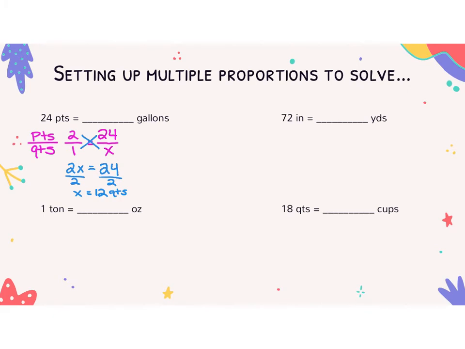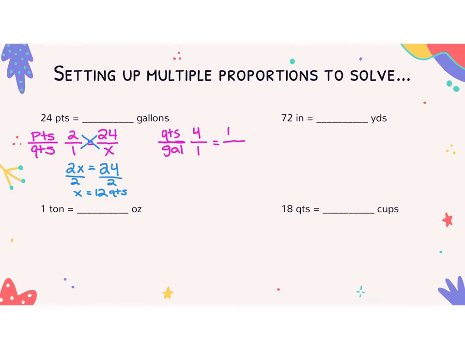So we know we have 12 quarts, and next we can convert quarts to gallons to get our final answer. So in our second unit fraction, we'll have quarts in our numerator and gallons in our denominator. Then we'll set up our proportion. From our resource chart, we see that 4 quarts is equal to 1 gallon.